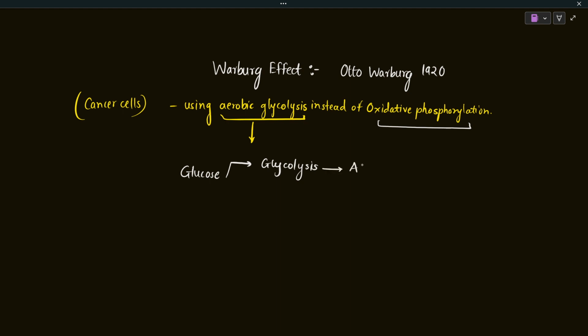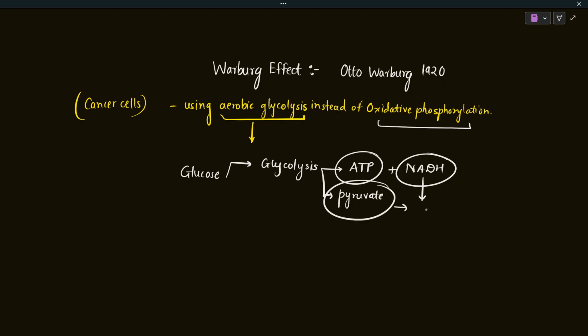This generates some substrate-level ATP and NADH. The pyruvate generated in glycolysis enters the TCA cycle, the tricarboxylic acid cycle, the Krebs cycle, which produces CO2 by oxidizing the pyruvic acid, and it also produces NADH as well as FADH2.